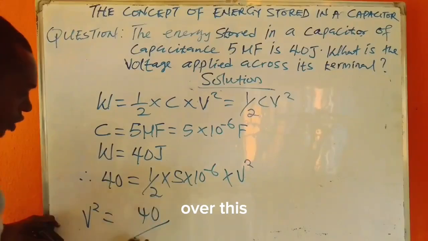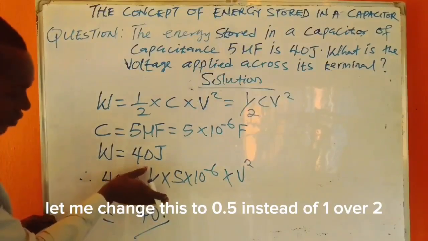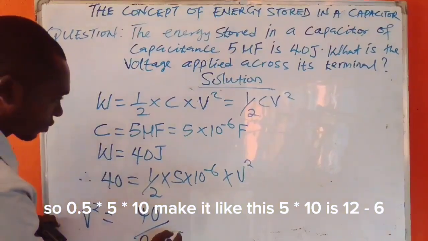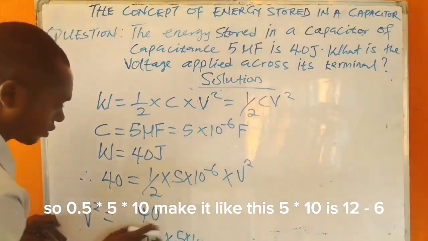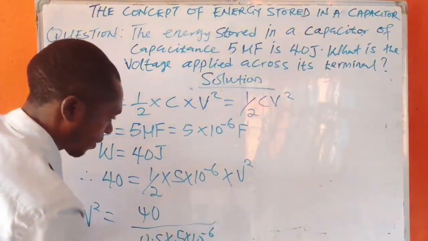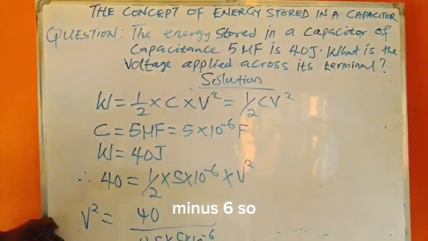So V squared equals 40 over, let me change this to 0.5 instead of 1 over 2. So 0.5 times 5 times 10 to the power minus 6.